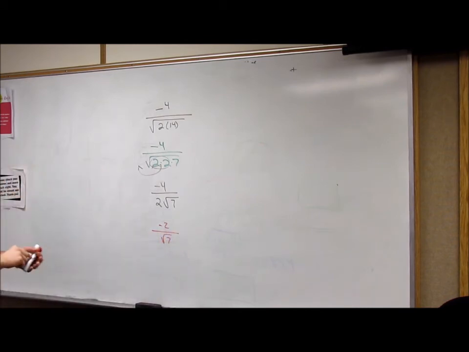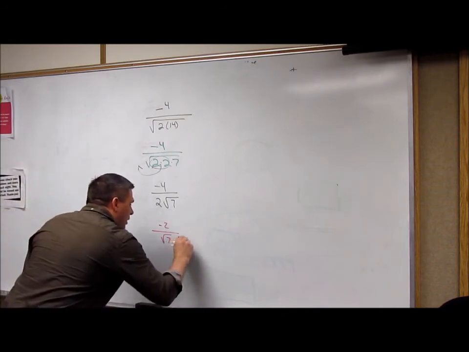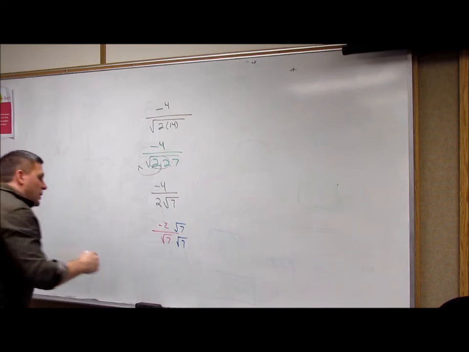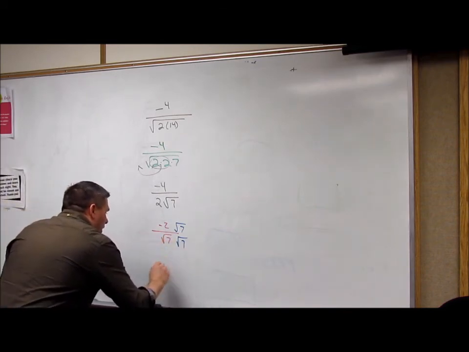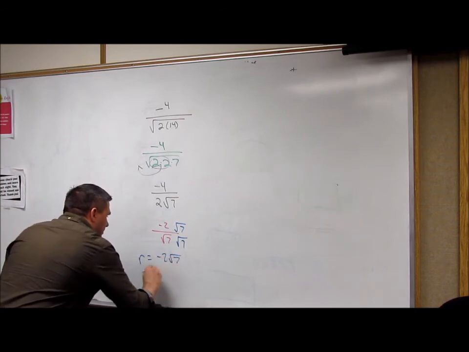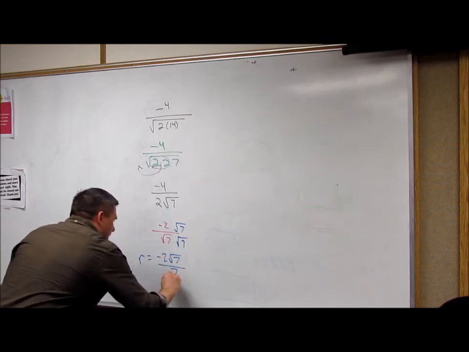7, and then what happens here is I get rid of the square root of 7 on the bottom by multiplying it by the square root of 7. So then my R value is equal to negative 2 square roots of 7 all over 7.